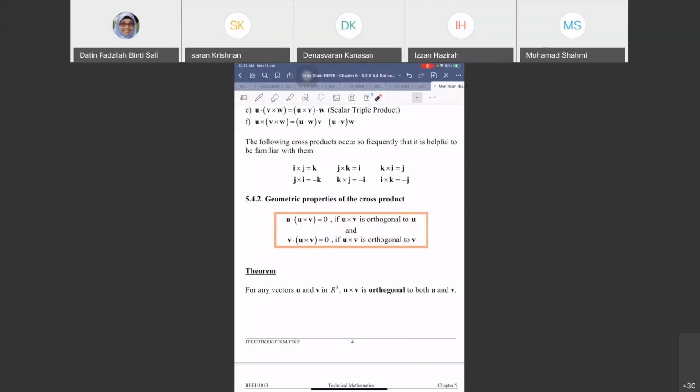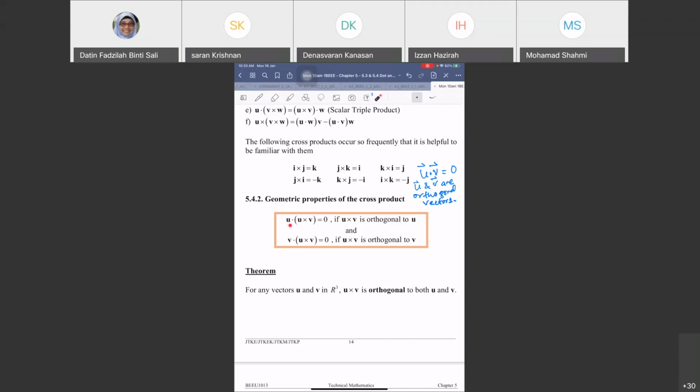Remember last time when we talked about the dot product, if u dot v equals 0, that means u and v are orthogonal vectors. So if you have a dot product equal to 0, then those two vectors are orthogonal.